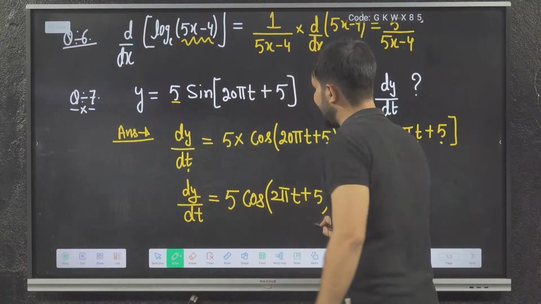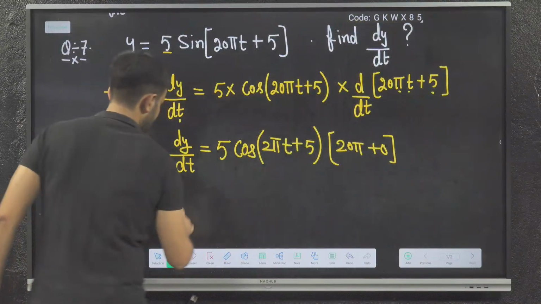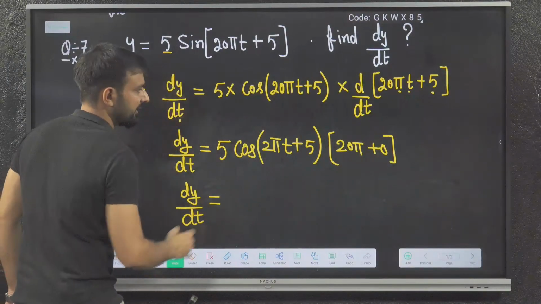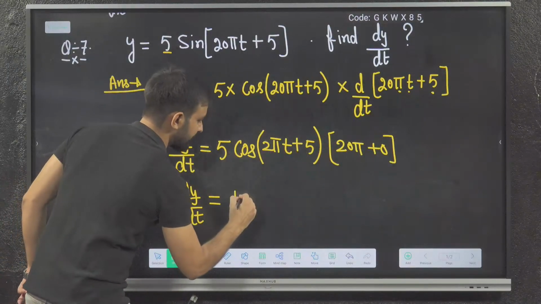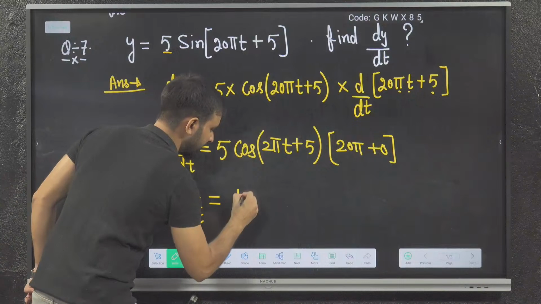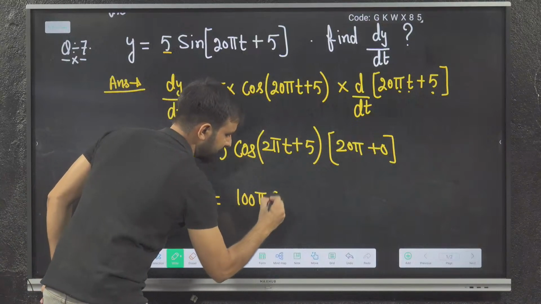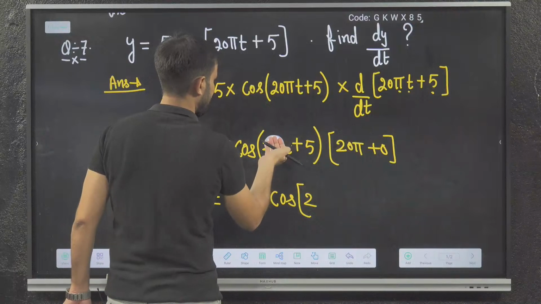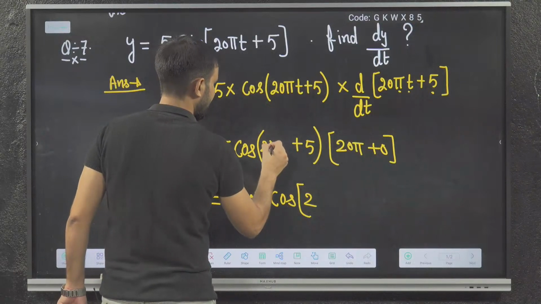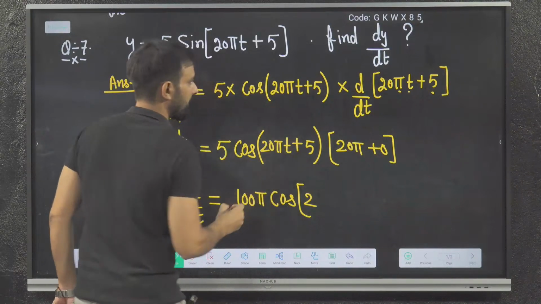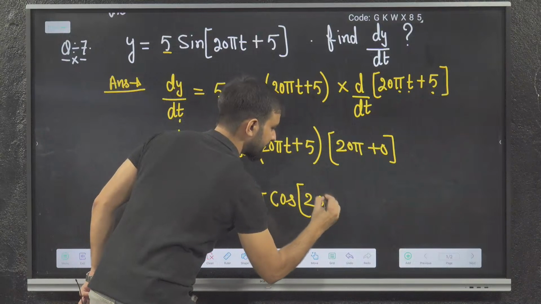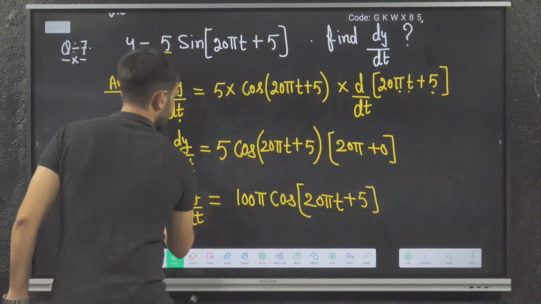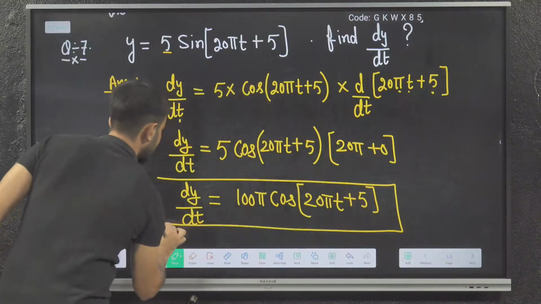So what is the final answer I will get here? My dy by dt here will be 20 into 5, how much? 100 pi cos of, oh, I wrote it wrong here, 20 pi t. It will be 20 pi t plus 5. This will be the dy by dt.